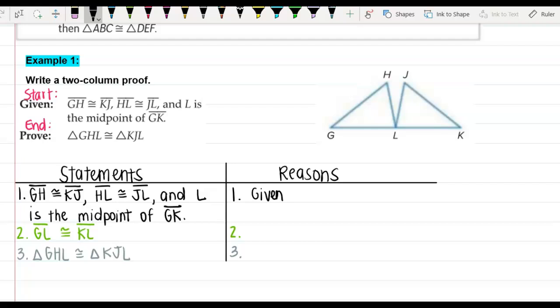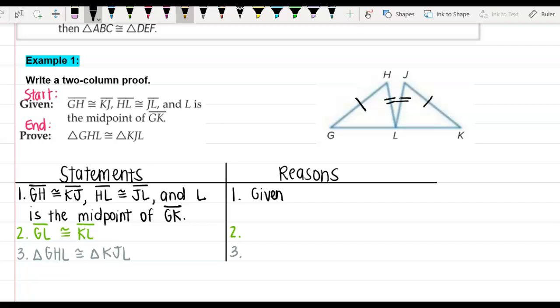So GH, one tick mark, is congruent to KJ, one tick mark, and then HL is congruent to JL. I've already used 1 tick mark, so let's use 2. And then L is the midpoint of GK.